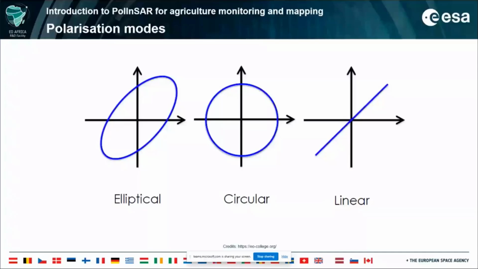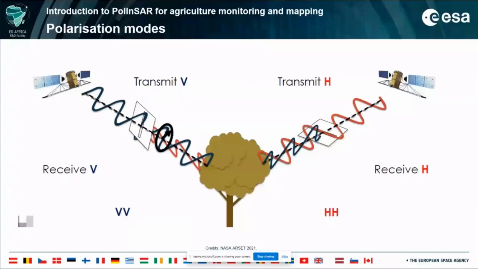And how it works. In SAR, polarization is labeled with 2 parts, one for the transmitted signal and one for the signal received by the sensor. For example, the VV polarization, as you can see in that image, tells us that the wave is sent out and received in a vertical orientation.